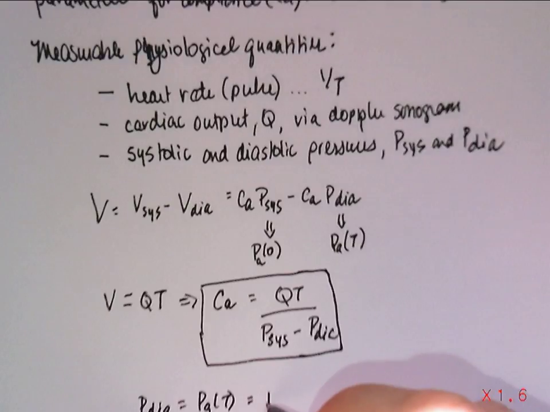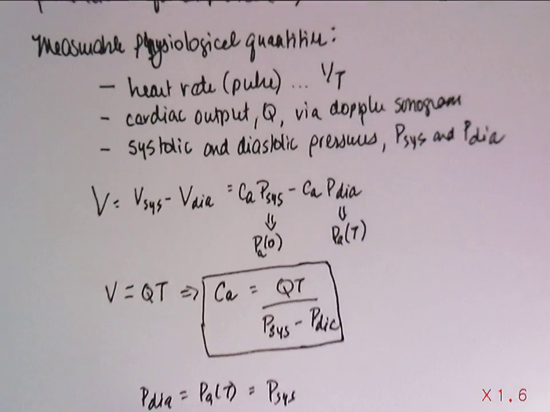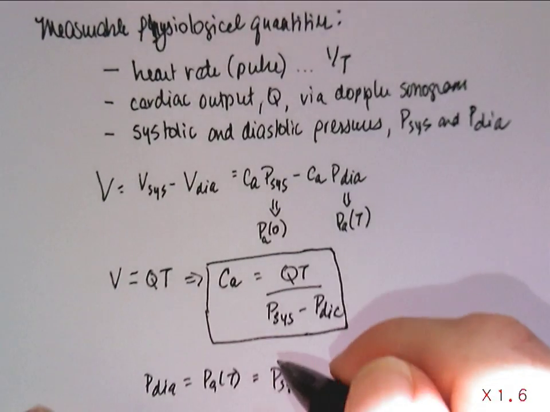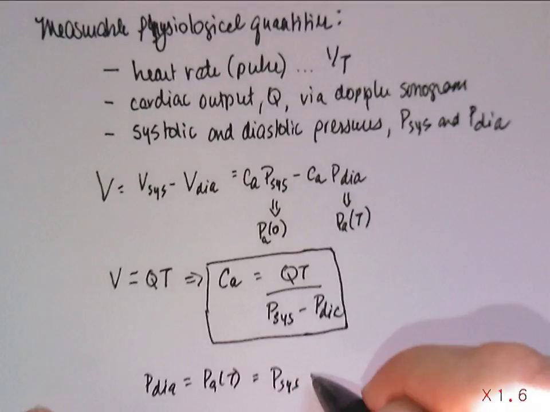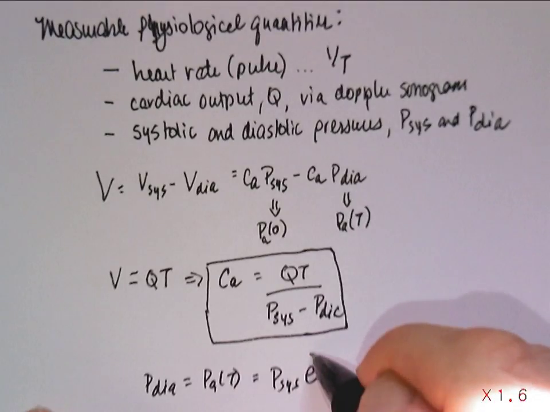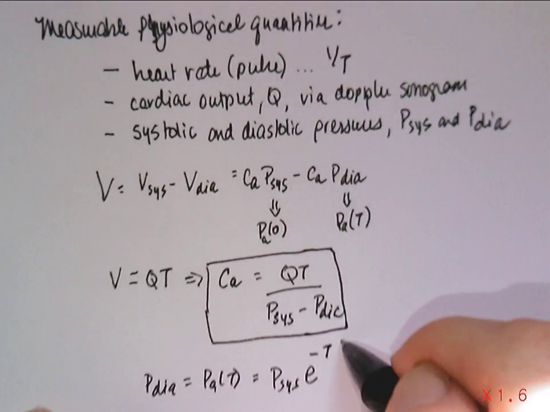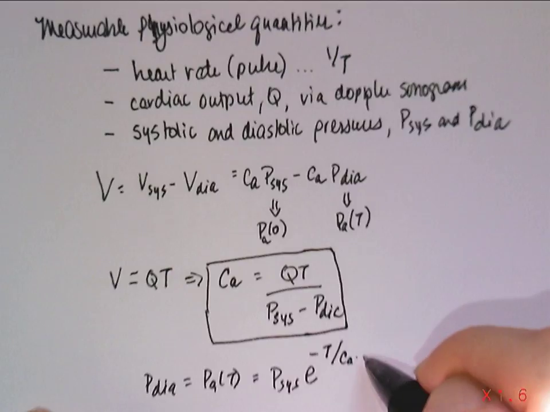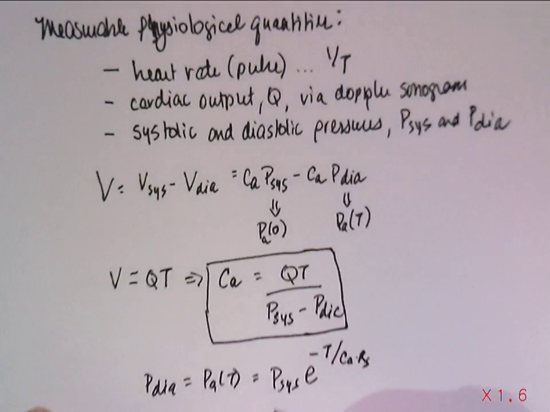Use the solution to the differential equation, right, to get that this is E, and we'd actually have capital T, not just little t up there, capital T over the product compliance times resistance, right?